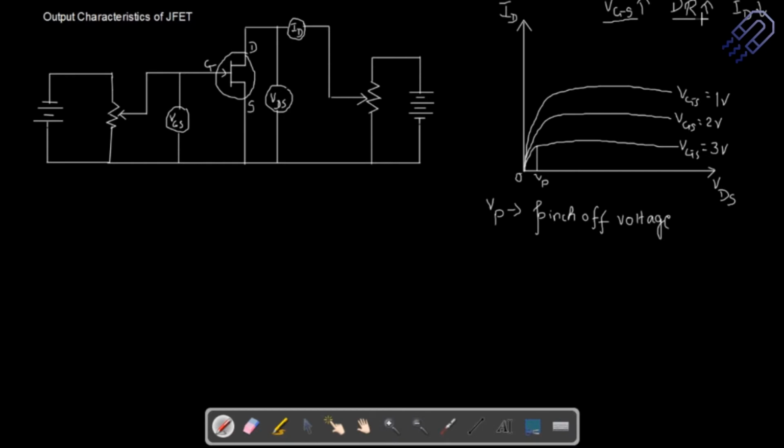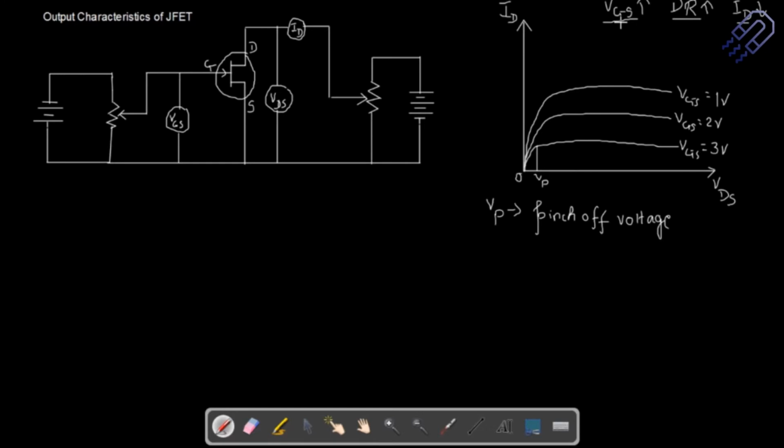The reason is the input terminal is reverse biased, and if that increases, the drain current does not have that much space to move around, as a result of which the drain current is restricted. So this drain current can easily be controlled by the gate source voltage.